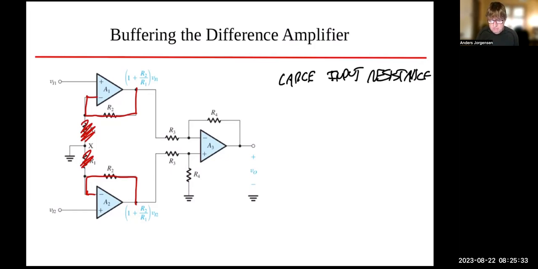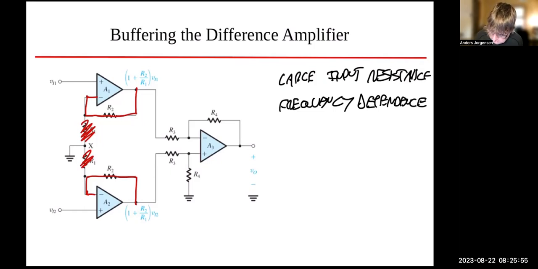So now in principle, we could go home. But one thing that we will learn when we talk about frequency dependence is that it's usually advantageous to distribute the gain approximately equally between the stages.